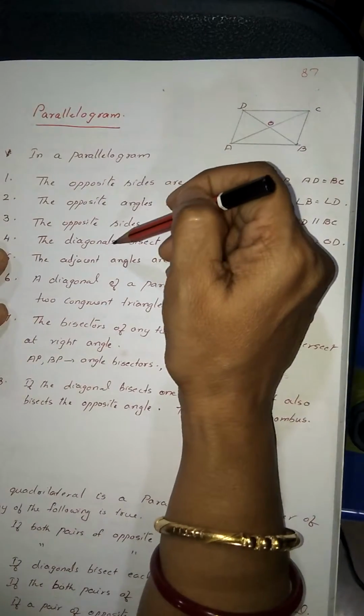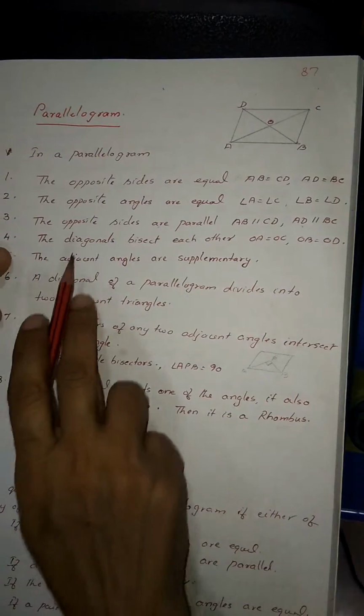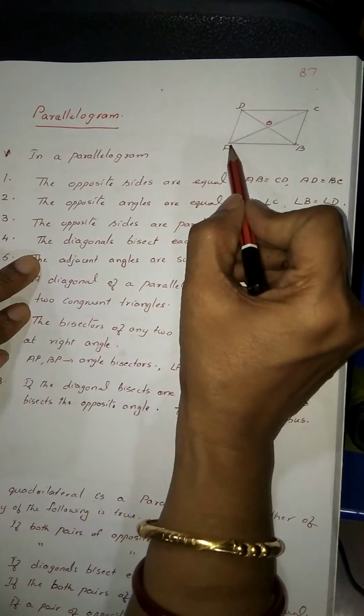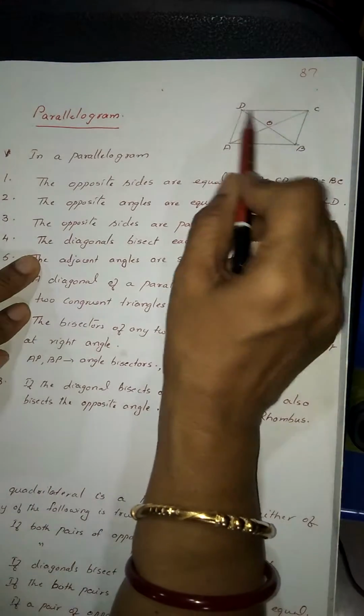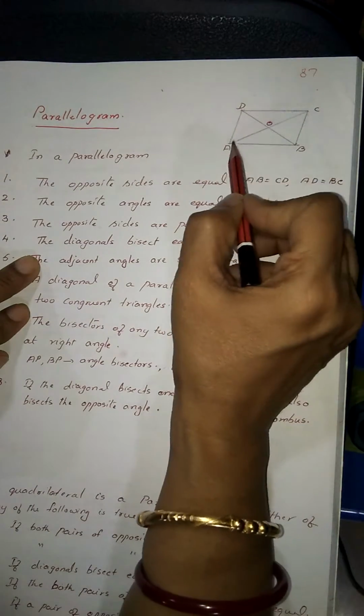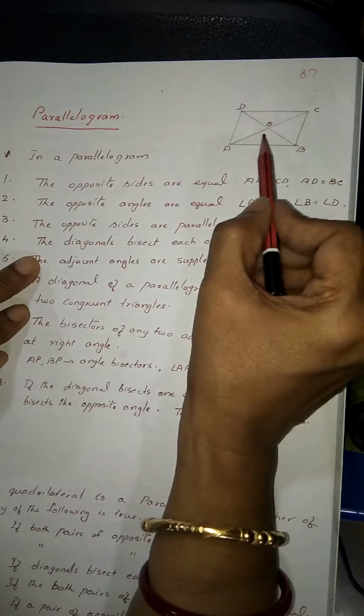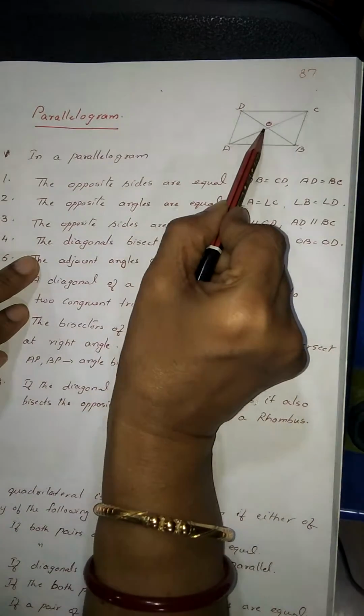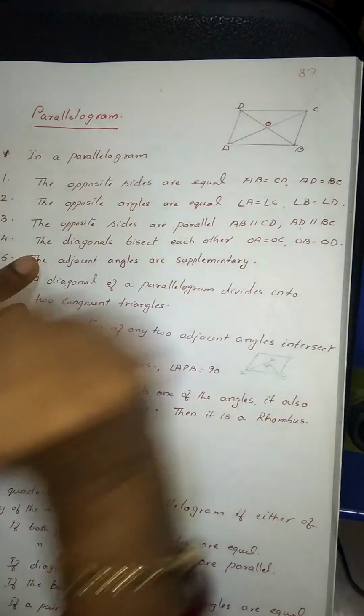So, these are all properties of a parallelogram. The diagonals bisect each other. That means AC will bisect BD and BD will bisect AC. So, therefore, AO will be equal to OC and OD will be equal to OB.